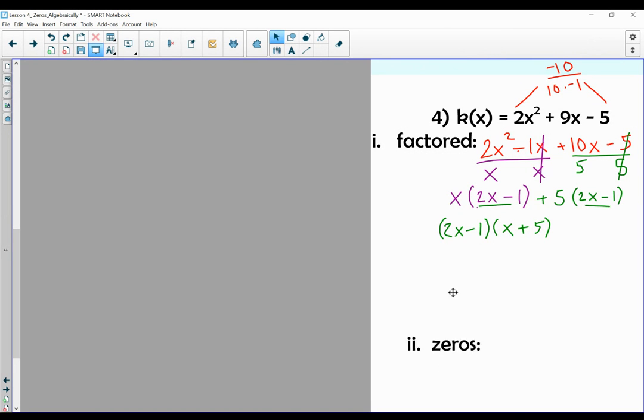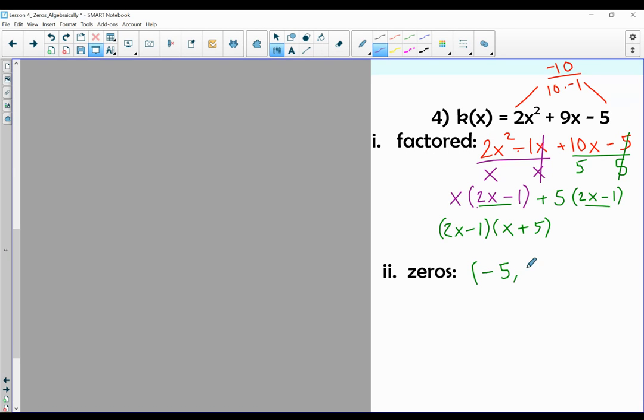So now to find the zeros, I automatically know that one of my zeros is going to be negative 5, because the coefficient of 1 helps me easily see that if I subtract this to the other side, it's going to be negative 5. So I do need to solve this one though. 2x minus 1 equals 0.